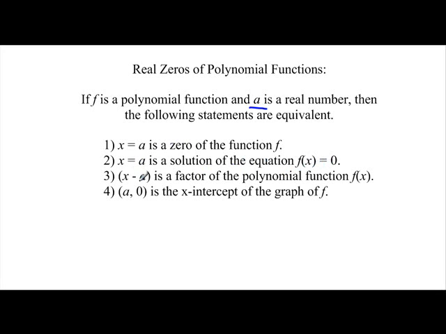Also, that means that x minus a is a factor of the polynomial function. And lastly, if x equals a is a zero, then the point (a, 0) is the x-intercept of the graph. So these all mean the same thing, one implies the other. Very important to link all of those concepts together.